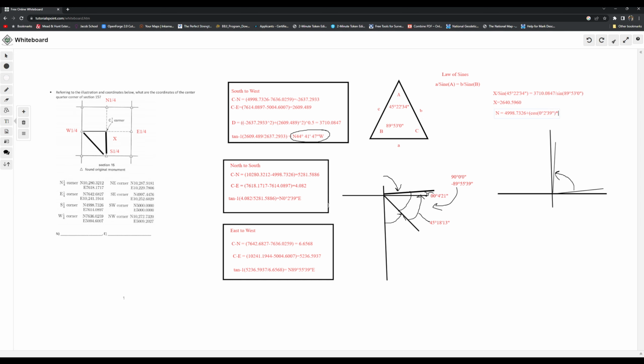And then multiply that by the distance that we just did, okay? So we're essentially doing the reverse, trying to get the change in northing now.